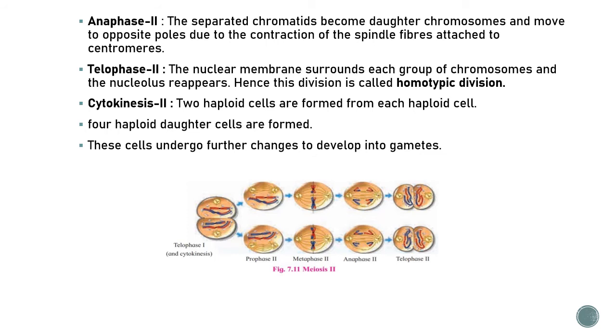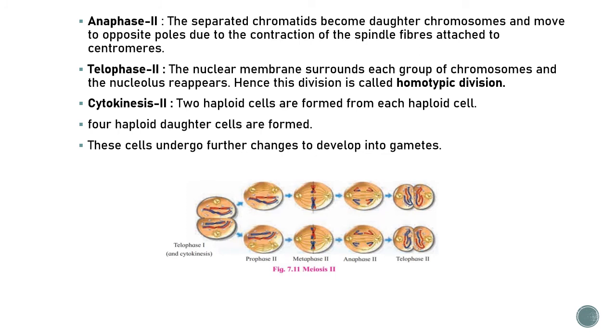Two haploid cells are formed from each haploid cell, and thus in all four haploid daughter cells are formed, and these cells undergo further change to develop into gametes. So that is about meiosis II.